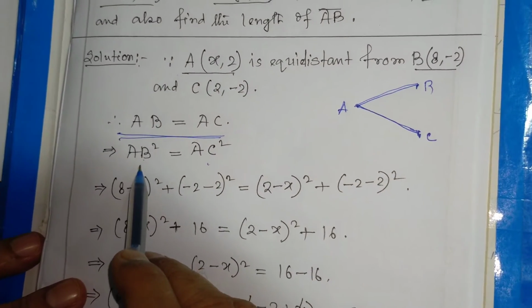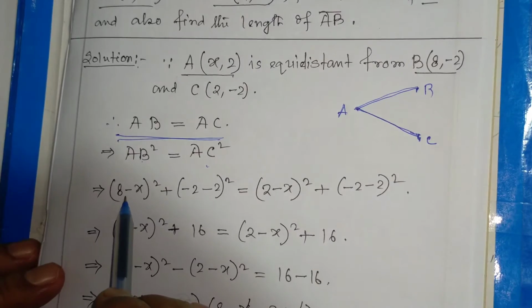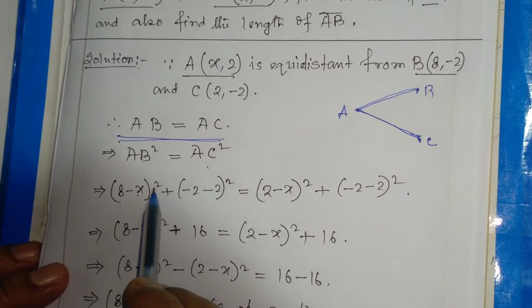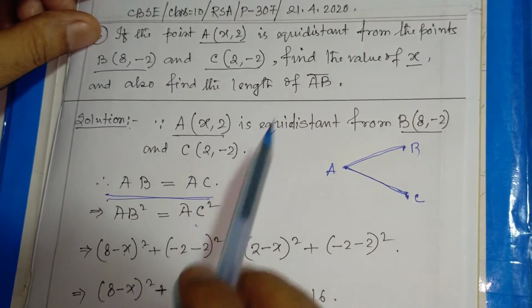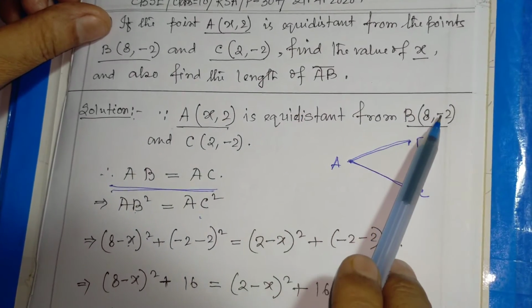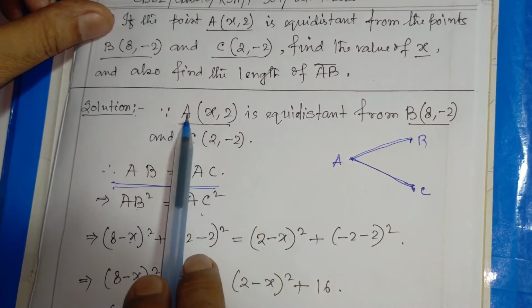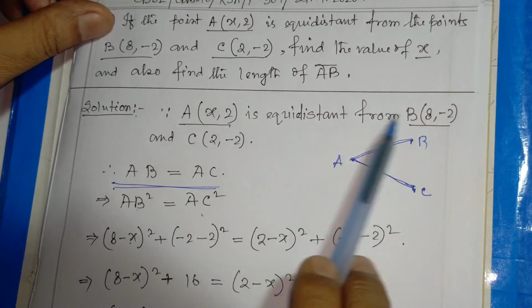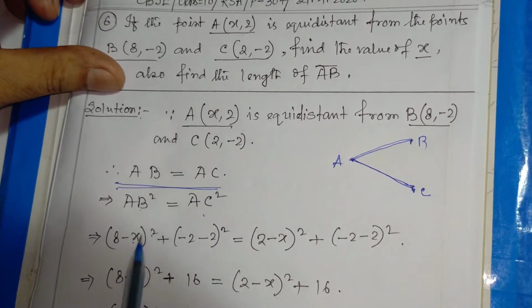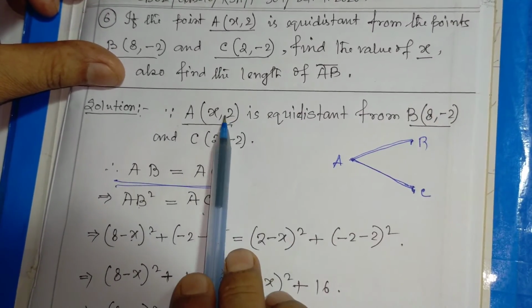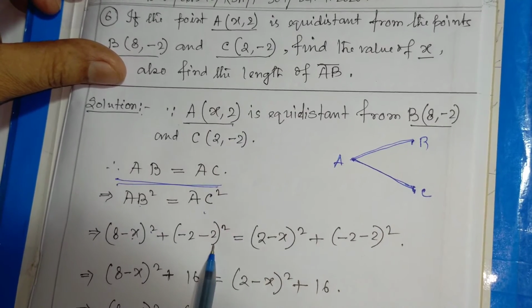So AB square means, according to the formula, (x2 minus x1) whole square plus (y2 minus y1) whole square. For AB, x2 means 8 minus x whole square, and y2 means minus 2 minus 2 whole square.